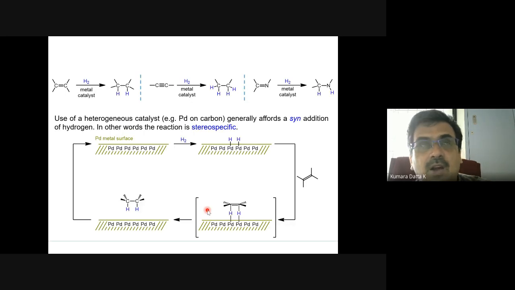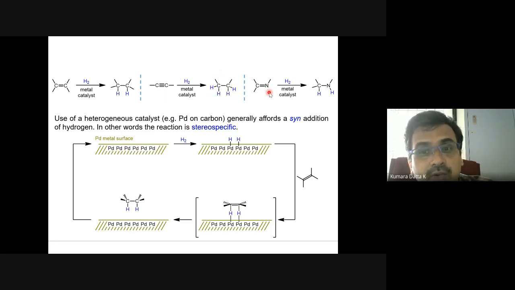Now, how does hydrogenation happen? Whatever we have discussed till now, we showed we will have a double bonded or triple bonded system where we are saturating by means of hydrogen. So you can see here we have an unsaturated system. We are adding hydrogen where the addition is syn addition, or if you have a triple bond, we can also saturate it.